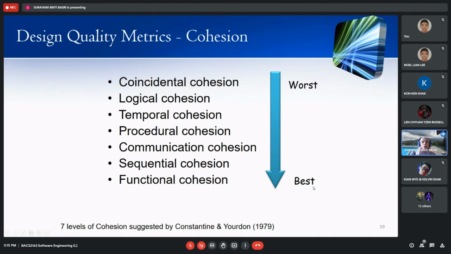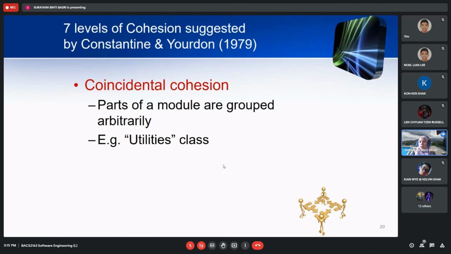When you want to say that your system has very good cohesion, you need to make sure that you have implemented functional cohesion inside your design. We will learn what each of the levels is about.